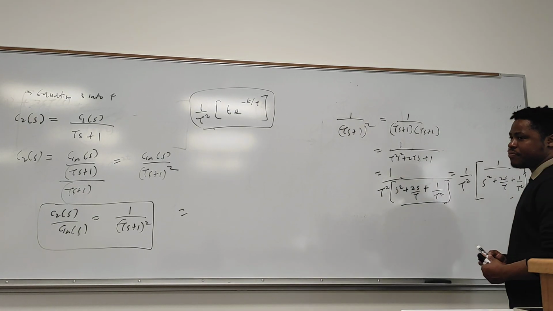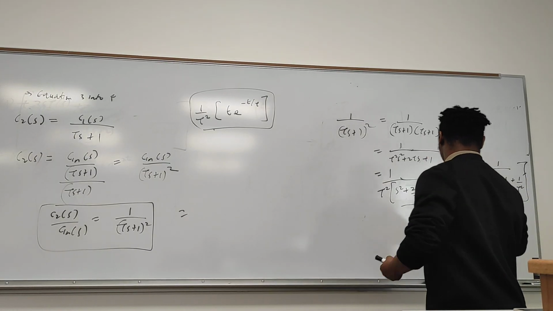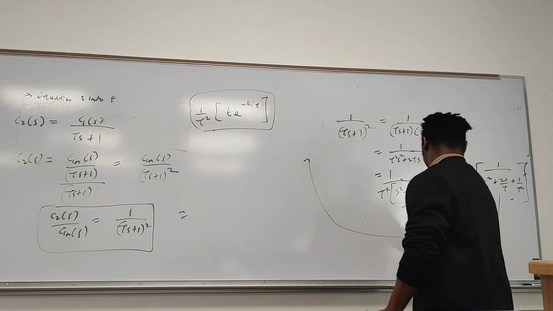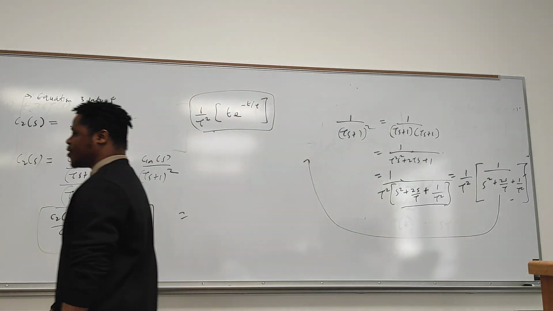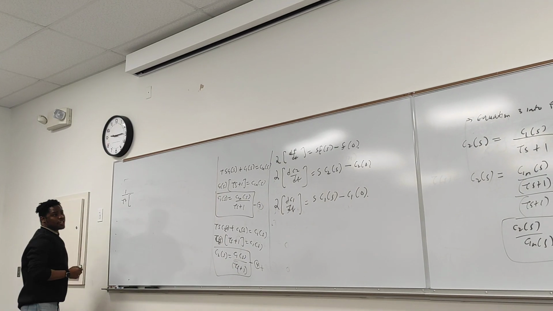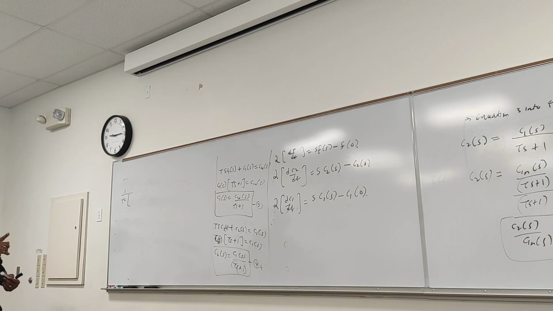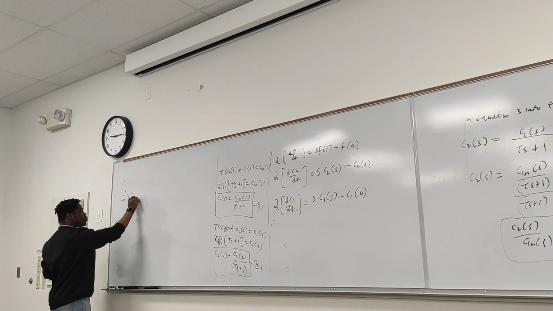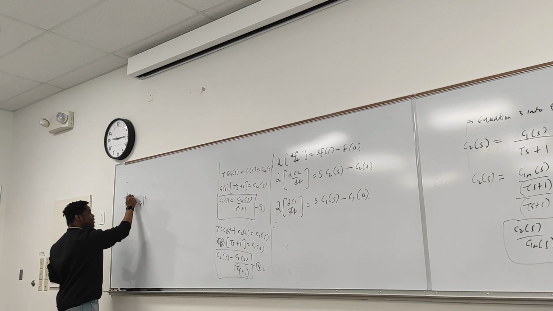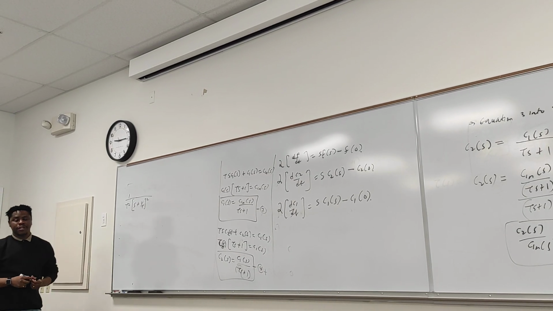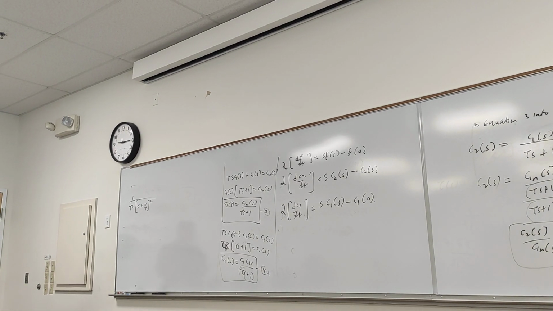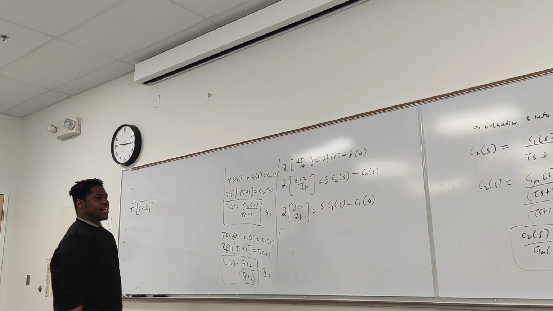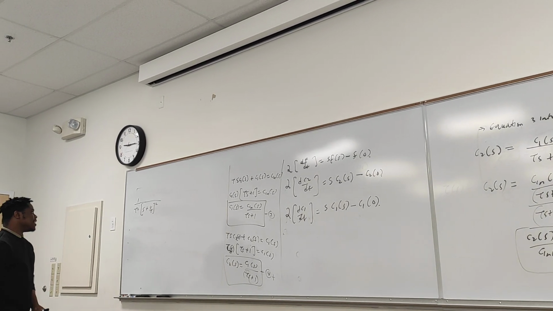Someone help me out. Do the factorization of this one. What do you get if you do the factorization? Those of you that have done it, tell me. If you factorize what is inside there, you get (s plus 1 over tau) squared, because when you expand this, you will get everything inside that.